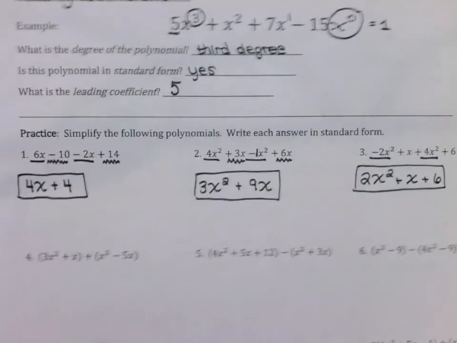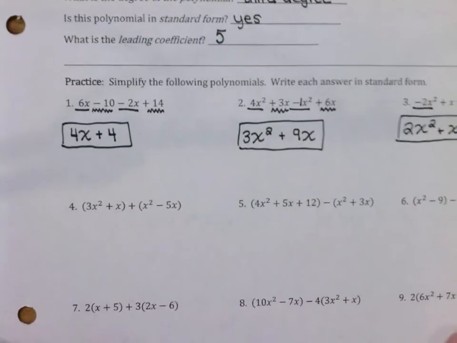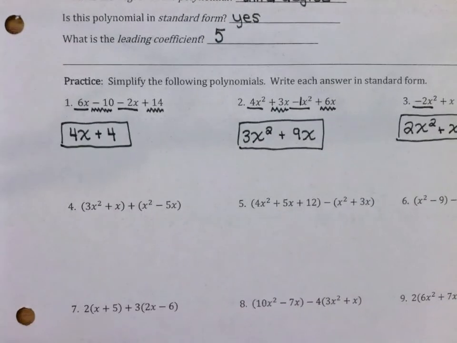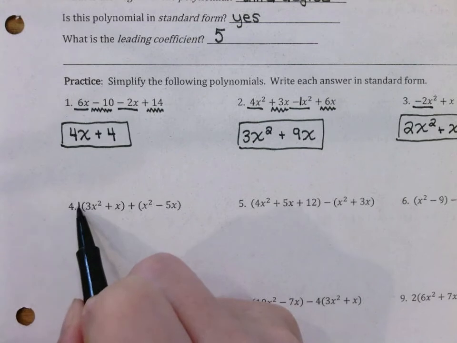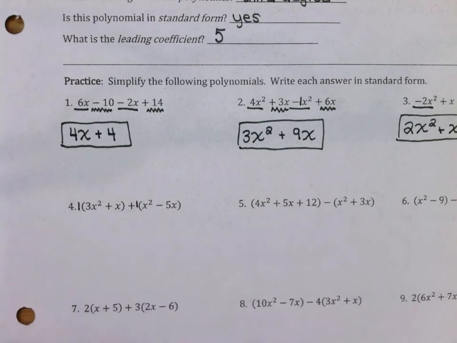Okay, moving on to number 4. So you may notice on number 4 we have parentheses. And so when you see parentheses in math, you may think multiplication, distribution. In this case, it's like we have ones out in front here that we could distribute.